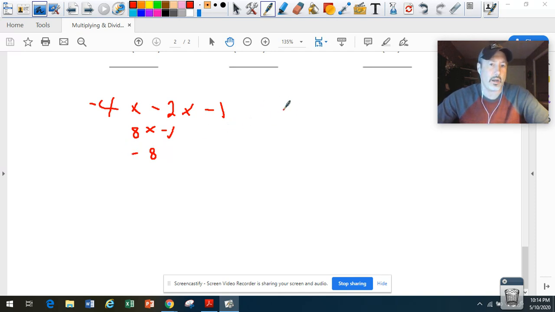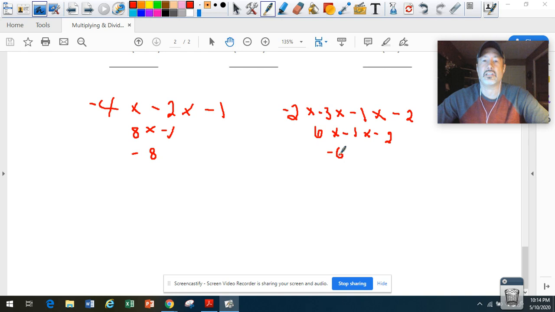Let's see if you can figure out a rule with this. Let's try another one. If I did -2 times -3 times -1 times -2, let's try this here. -2 times -3 is +6. Times -1, 6 times -1 is -6.